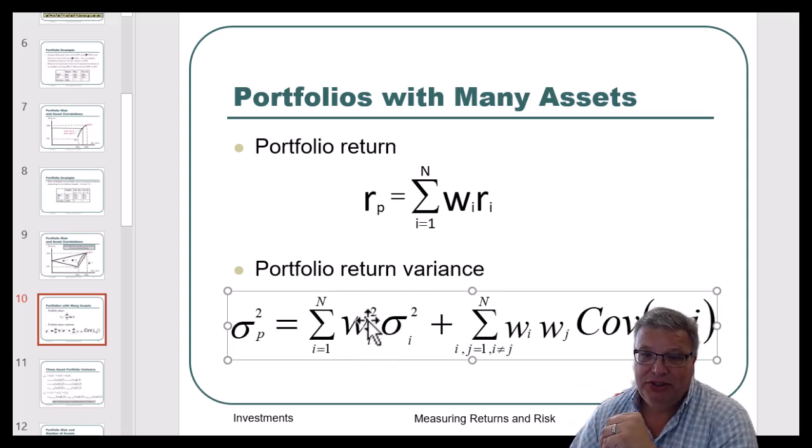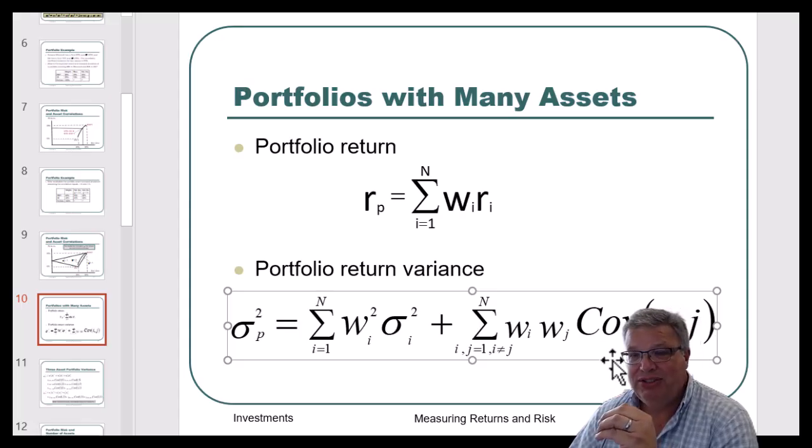So the weight squared times the standard deviation of that security squared. And then you've got this thing over here, which represents how your security covaries or correlated to every other security.